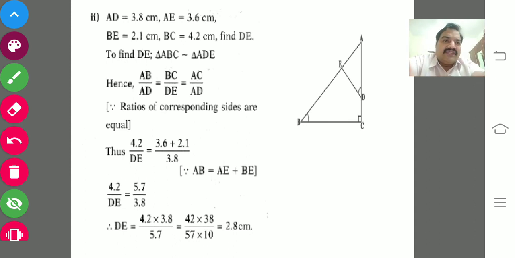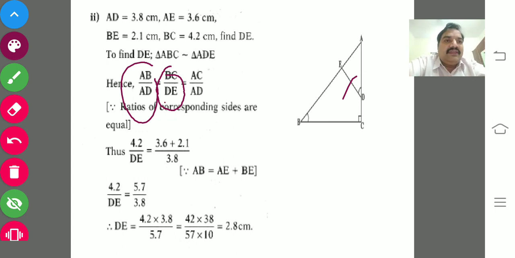Out of these three ratios, which two will you take? Your destination is to find DE, so you have to take BC by DE, and the AB by AD values you also have. What is the value of AB?